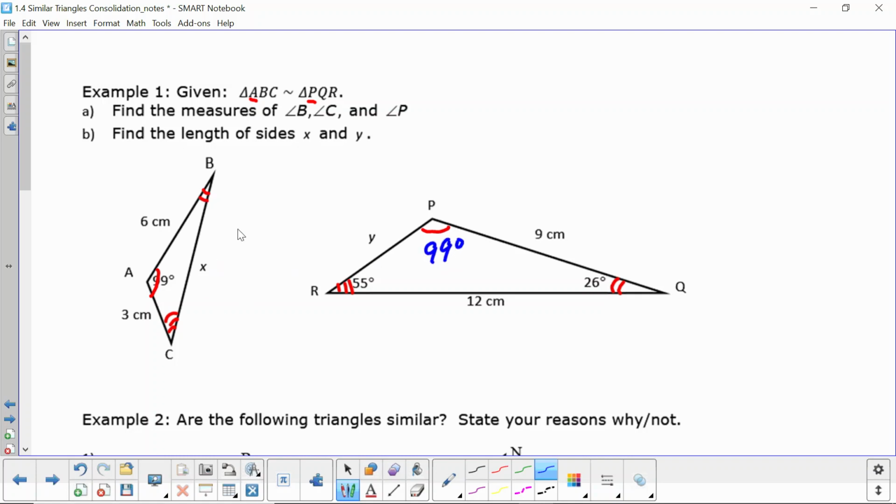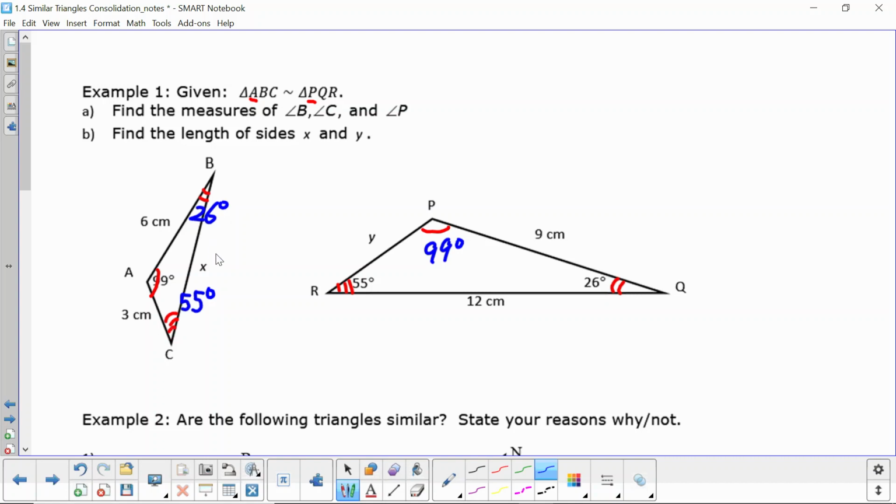Angle B equals angle Q, and angle Q is 26 degrees, so angle B is 26 degrees. Angle C equals angle R, and angle R is 55 degrees, so angle C is 55 degrees.